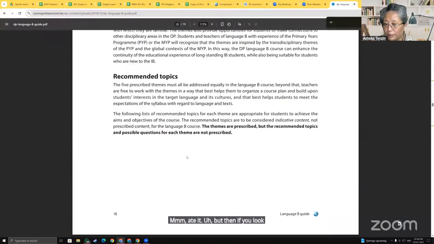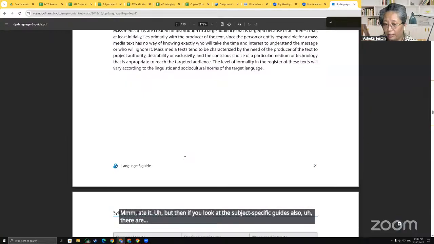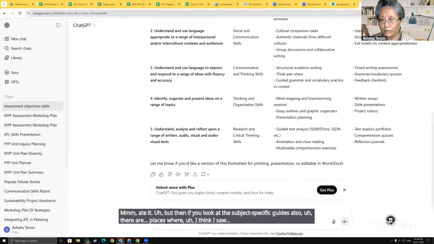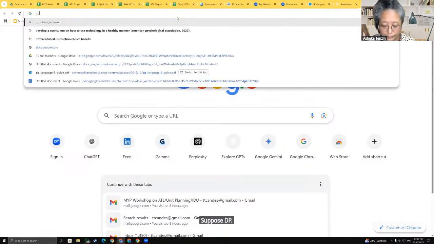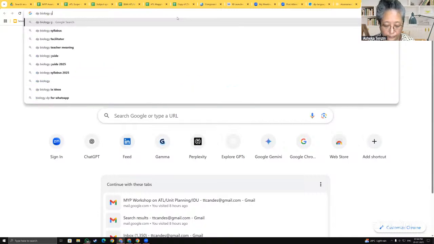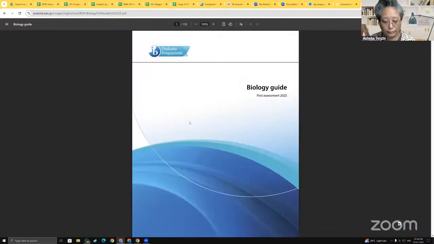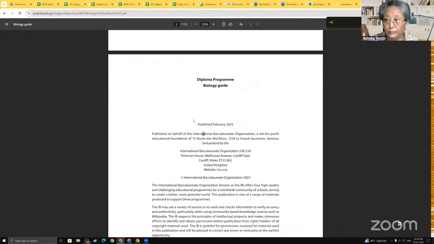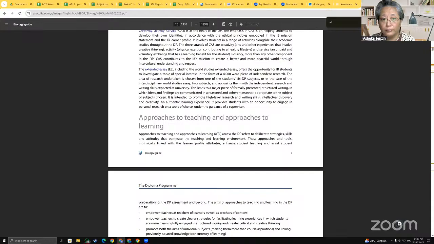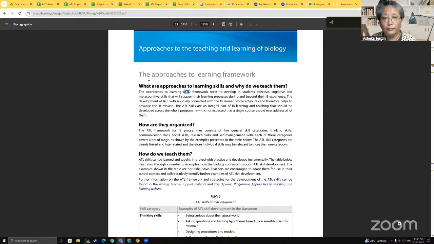But if you look at the subject specific guides also, there are places where I think I saw in the new guide, what are the approaches to learning?